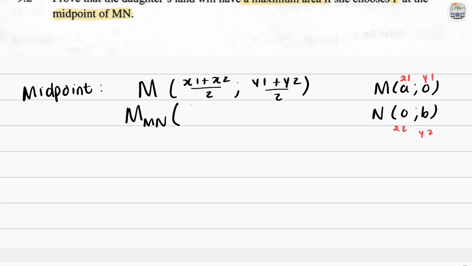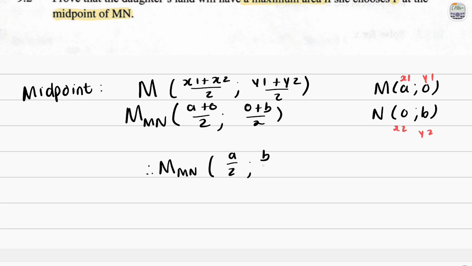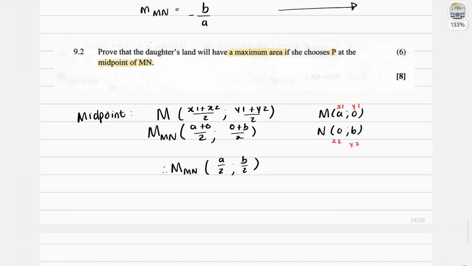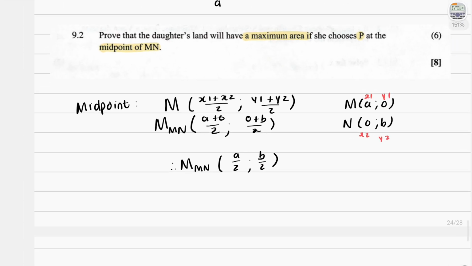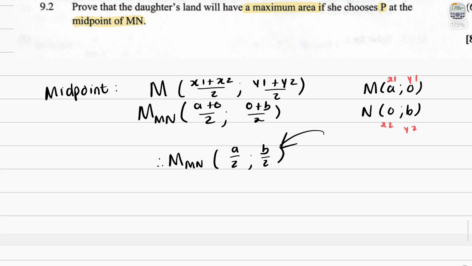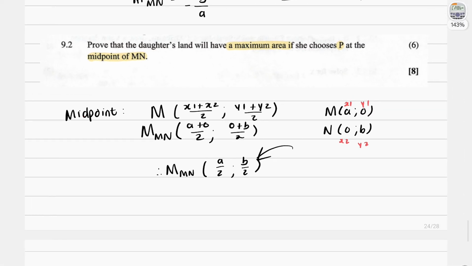So we have (a plus 0) over 2, and (0 plus b) over 2, which simplifies to the midpoint of MN being (a over 2, b over 2). That's really it. So we're going to find that maximum area, and if it occurs at this point, then we know that she will have the maximum area if she chooses the midpoint of MN as the point where P is going to be.